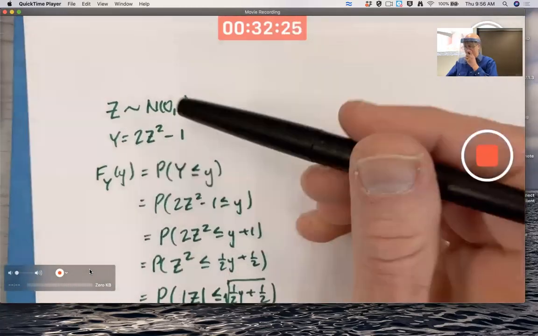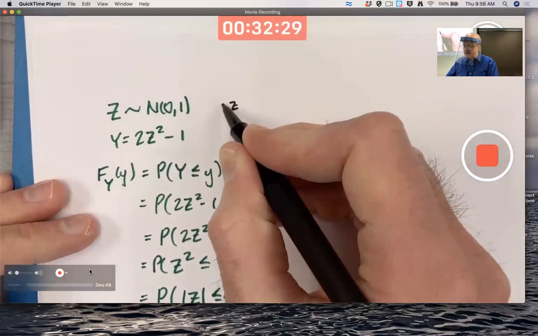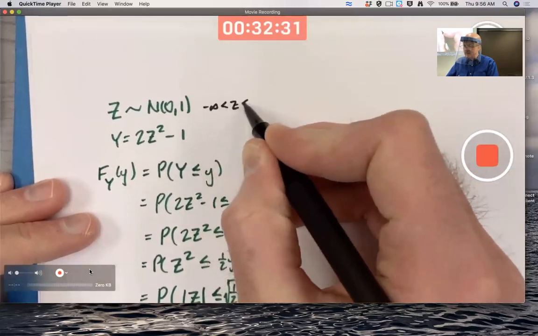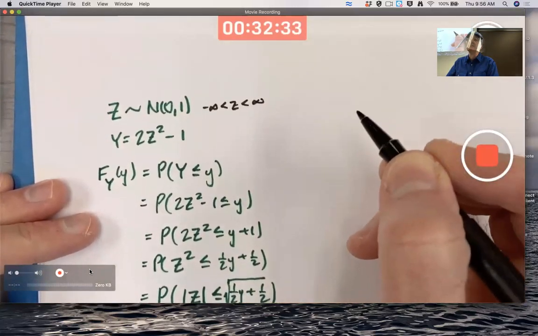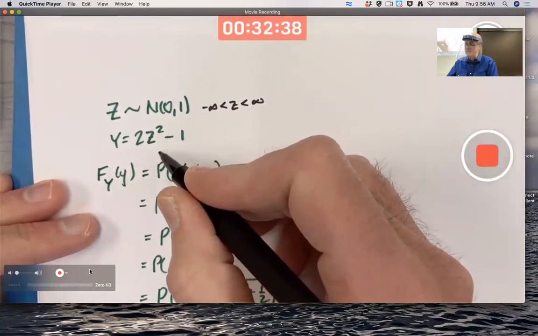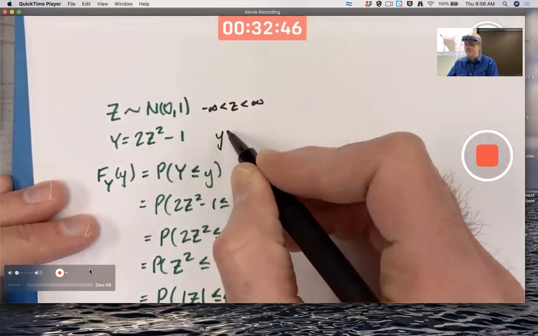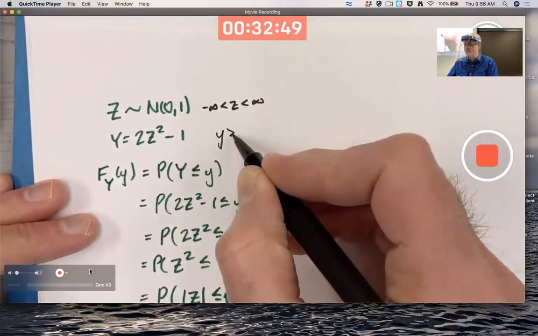Z is standard normal. Values of z, little z, could be any real number in theory. But values of y can't, because they're values of z squared times 2 minus 1. Can't get less than negative 1. Y is greater than -1.